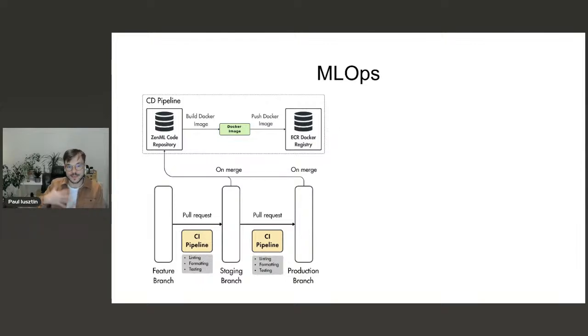We have the ZenML code where we build a Docker image out of it. We put it in an ECR Docker registry. And for this it is enough, because here we have two options. Either we decide to trigger the pipelines manually, but this time we do it from the ZenML dashboard.